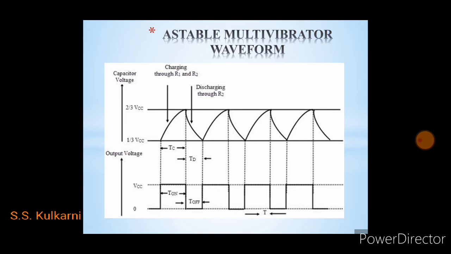Hence, when the lower comparator voltage is less than 1/3 VCC, the timer output becomes high. At this time, the capacitor charges through the R1 and R2 resistors up to 2/3 VCC. Hence, during this time, the final output of the 555 is high, that is the on time of this square waveform.